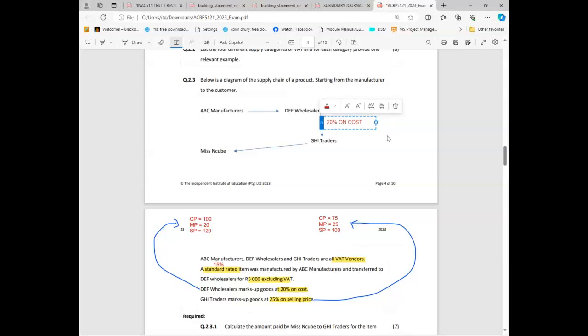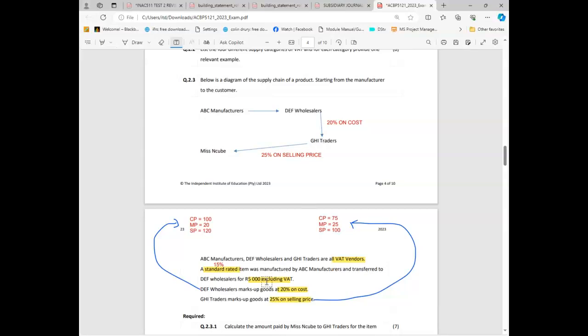And this one sold to the customer at 25% on selling price. So what they're asking for is the price GHI charged to us. Does that make sense?